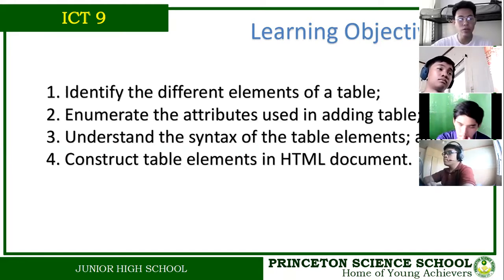If you're going to use a table, same as the lists, it has its own attributes to be added to the table. So same as the list, once we add them, the table can have other features.